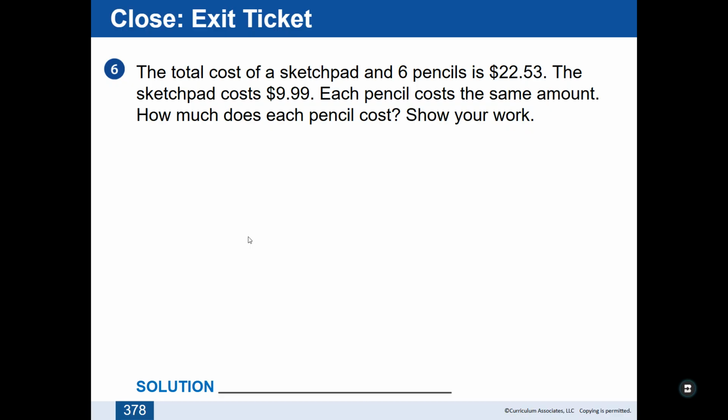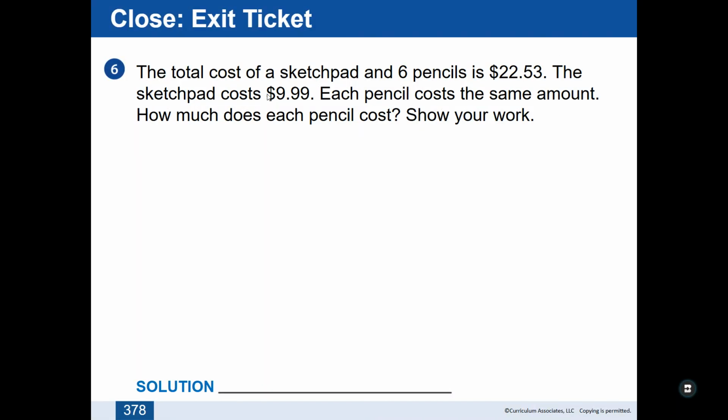The total cost of a sketch pad and 6 pencils is $22.53. The sketch pad costs $9.99. Each pencil costs the same amount. How much does each pencil cost? So our total is $22.53, so that's going to be our equals.